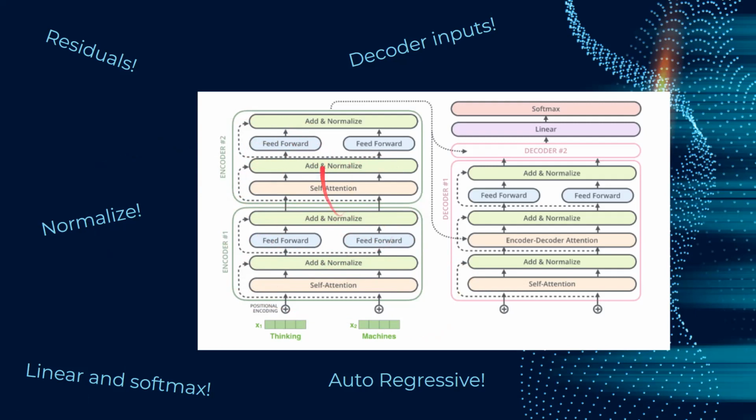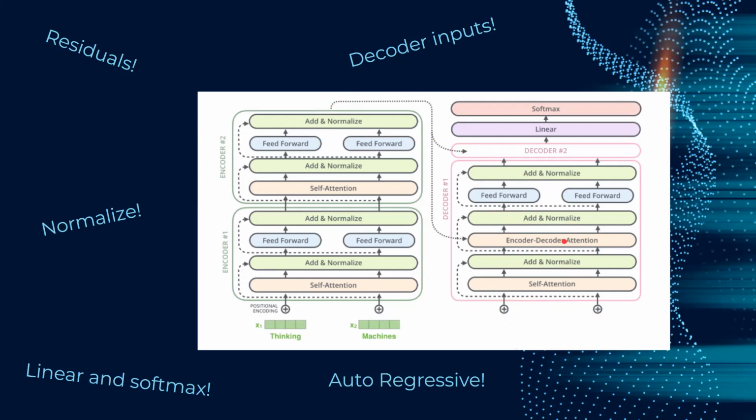After coming out of multiple encoders, the embedding is then passed to the decoder. The decoder also has a sentence on which self-attention is performed, and then it is added and normalized, and then this decoder output along with the encoder output goes into encoder-decoder attention.